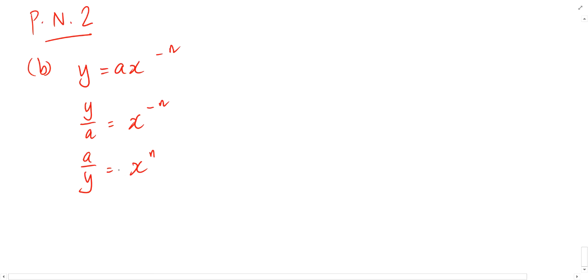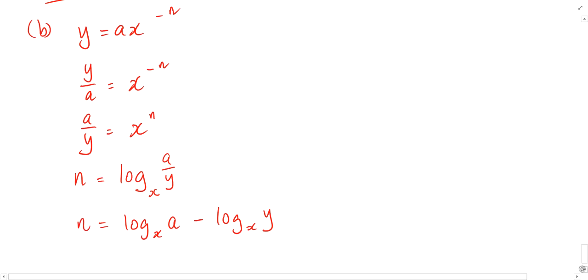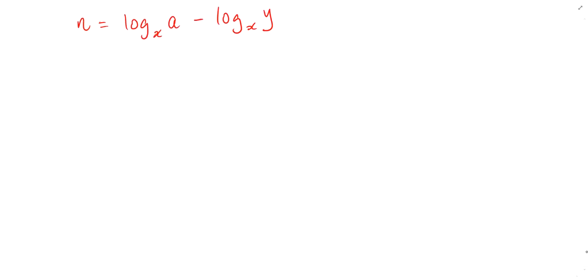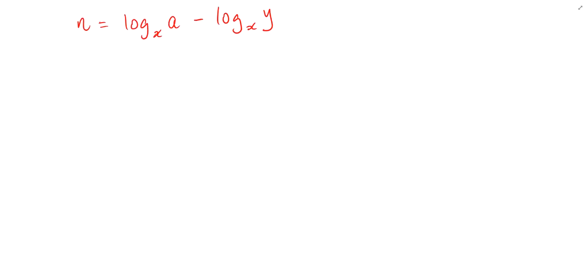So what do you have? Log base x of a over y. And then? Log base x a minus log base x y. What? Wait, what? One more time. I just take log x.